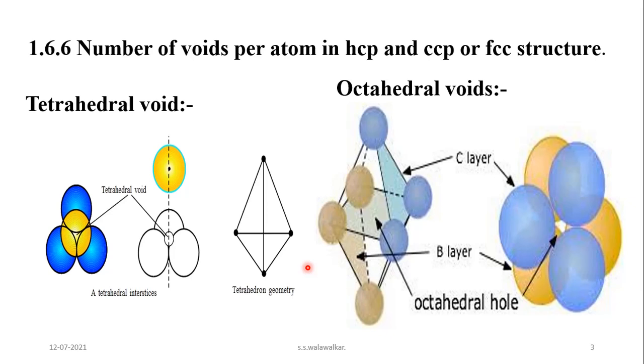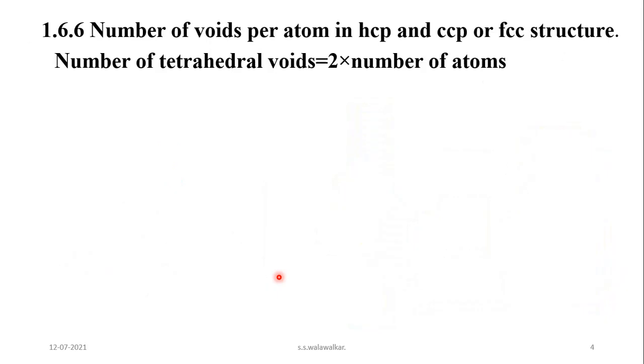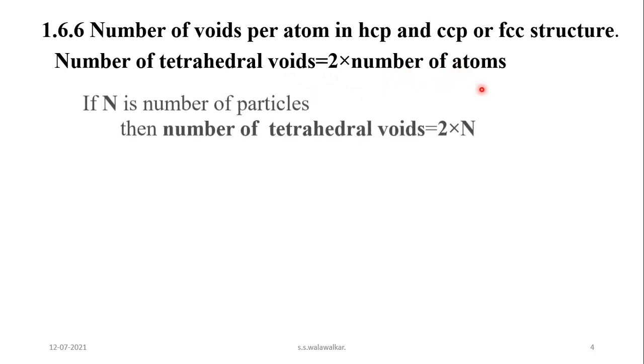So this part we have studied in the previous lecture, and today in this lecture we will study the relation between the number of atoms and voids. So the number of tetrahedral voids is equal to 2 into the number of atoms. जेवढे atoms असतील त्याच्या डबल काय असणार? Tetrahedral voids असणार. So the number of tetrahedral voids is equal to 2 into the number of atoms.